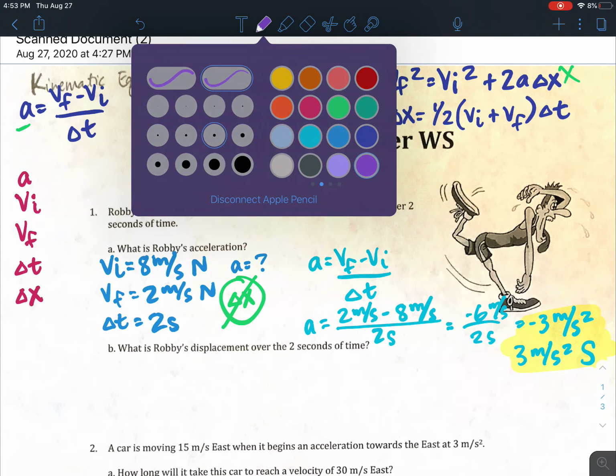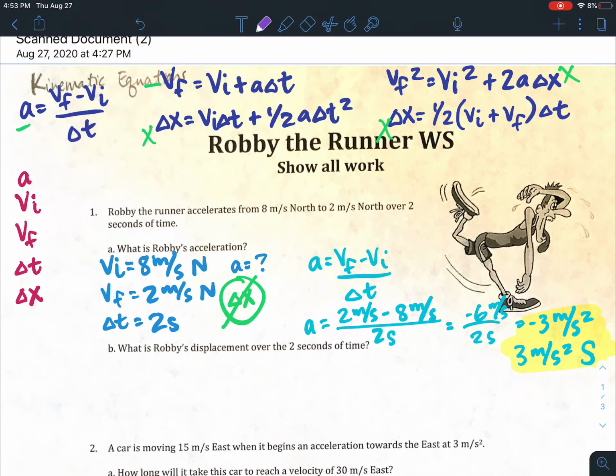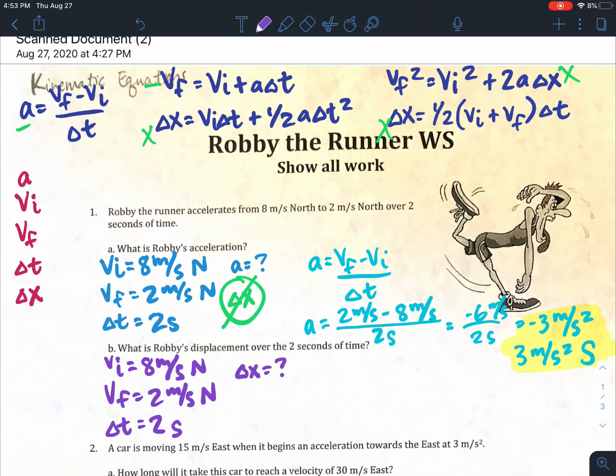For part B, we are going to pretend like we do not know the acceleration. We're just going to write down the givens that we have. So again, we know his initial velocity was 8. We know his final velocity was 2. We know the time frame was 2 seconds, but this time we're looking for delta x.